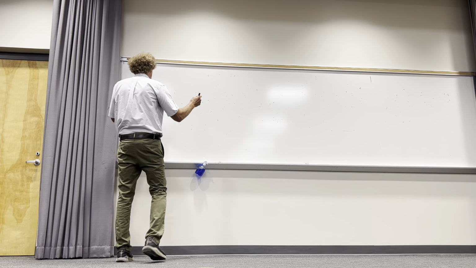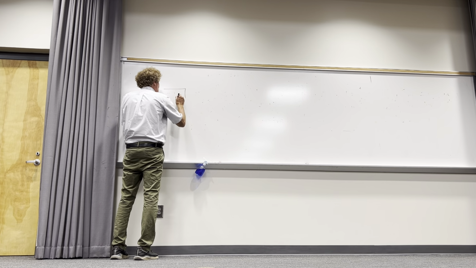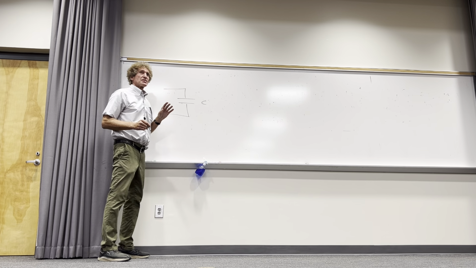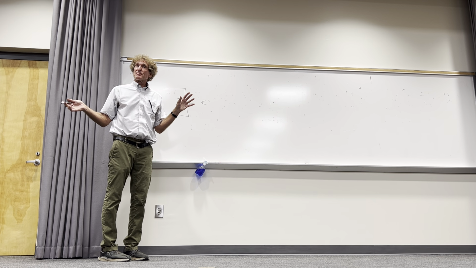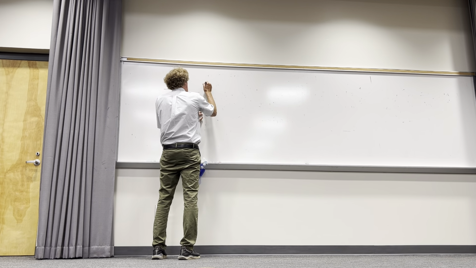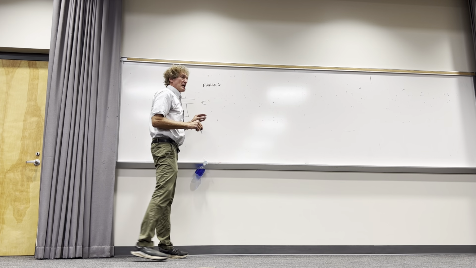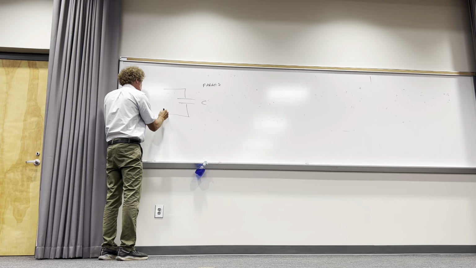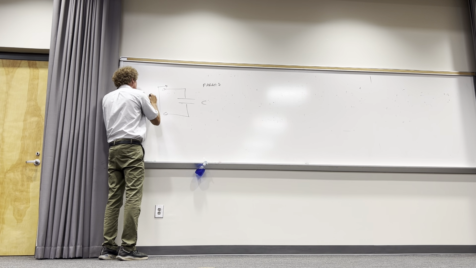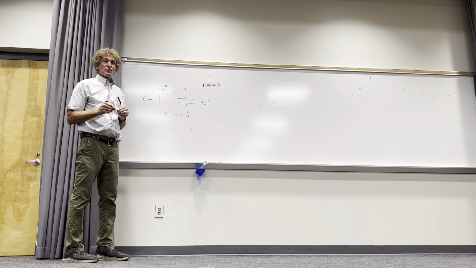So capacitors, this is the symbol for a capacitor. The units of capacitance, does anybody know? You're right, farads. The units are farads. All right. Now, when you have capacitors, and this would be the equivalent value of the capacitance measured across those terminals.